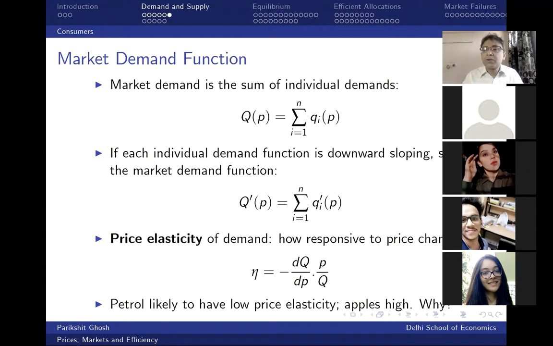Intuitively, it seems quite obvious that for something like apples, a particular fruit, we can expect a high value of elasticity. Why is that? If apples become very expensive, and keep in mind that when we are defining this elasticity, we are holding every other factor fixed, meaning the prices of other goods are held fixed, the incomes of consumers are held fixed, and so on.